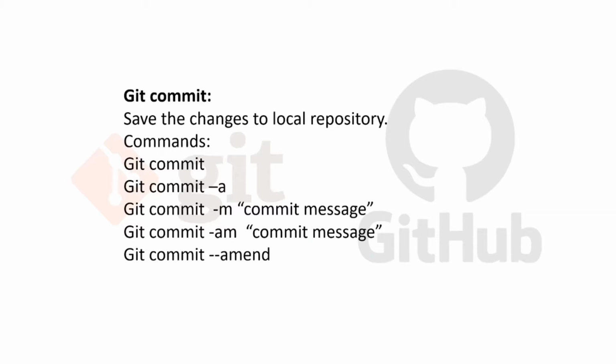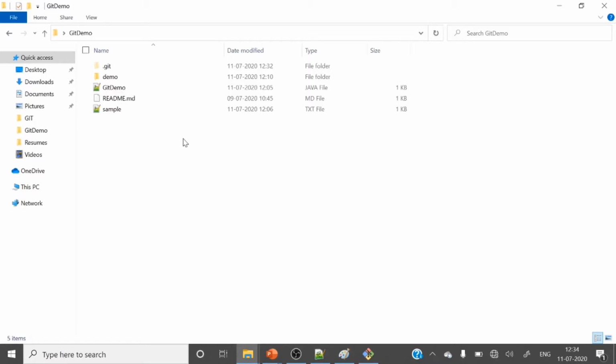Those new files are not yet synced with the local repo, so they are untracked files. The modified files are already synced with the git local repo, and only those it will commit directly. You don't need to stage them. Let me show that example.